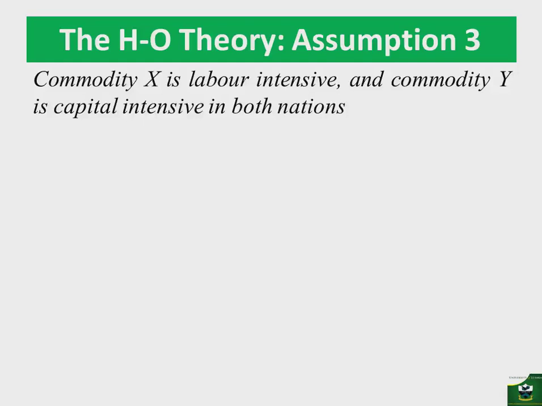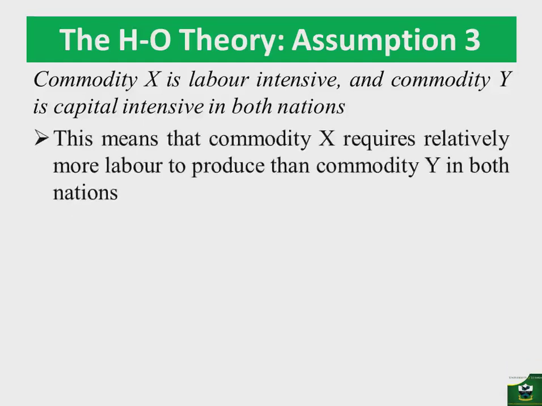When you are in nation 2, X is still labor intensive and Y is still capital intensive. That is to say, commodity X requires relatively more labor to produce than commodity Y in both nations, and commodity Y requires relatively more capital to produce than commodity X in both nations.